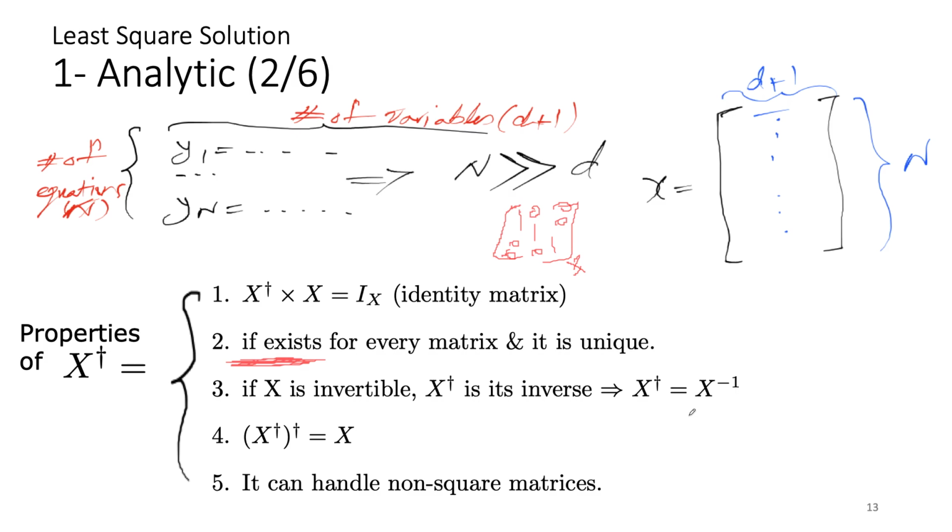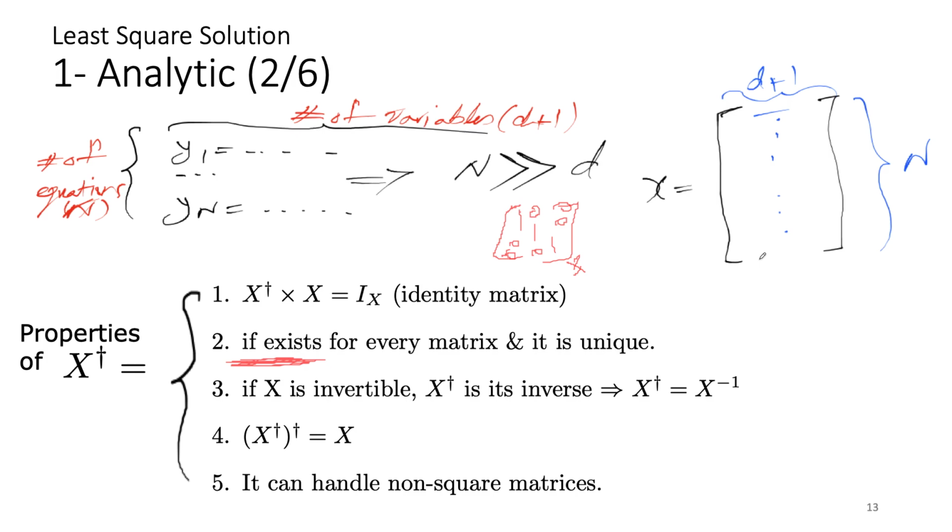But for those cases where X was not invertible, you still have an X dagger. This is a very good point for us because, as we talked about here, chances are we are not dealing with a square matrix. X dagger can handle non-square matrices, while if it was invertible, X dagger would be the same as your inverse.